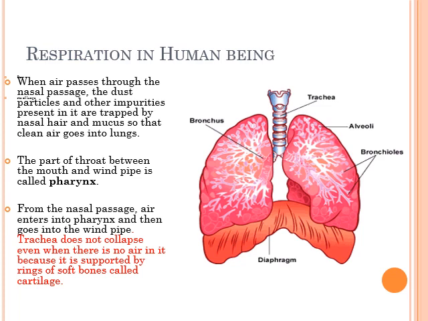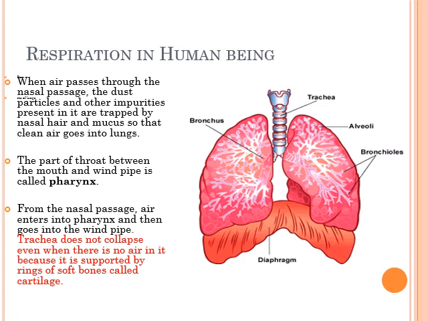Within the lungs, the passage divides into smaller and smaller tubule-like structures called alveoli, or alveolus in the singular form. The alveoli provide a surface where the exchange of gases can take place. The wall of alveoli contains an extensive network of blood vessels.